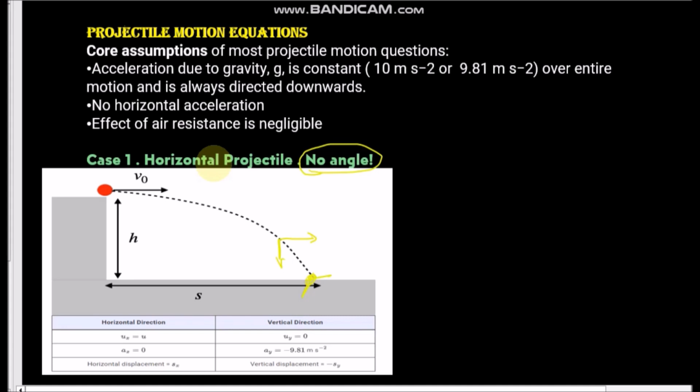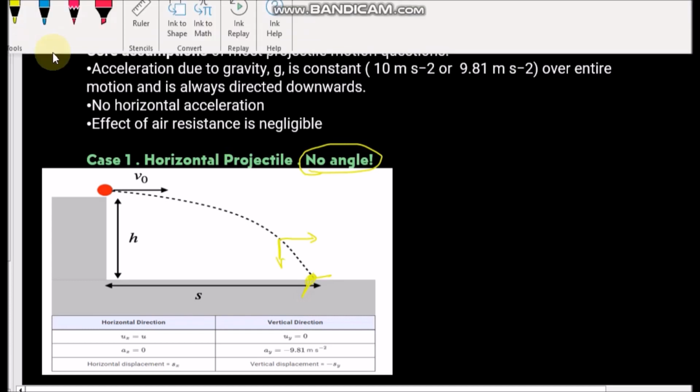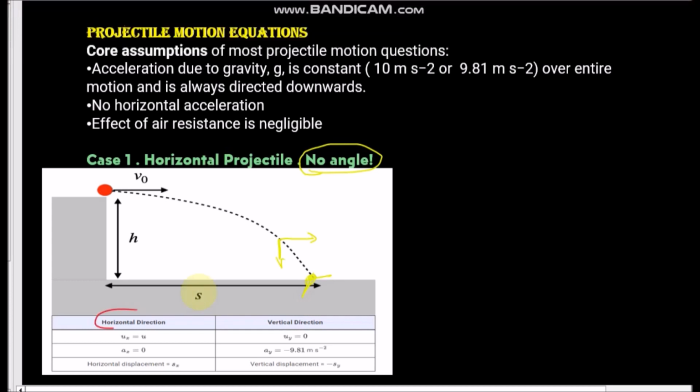Now here we have two cases, the horizontal case and the vertical case. For the horizontal direction, the initial velocity is always constant. This implies that the acceleration is 0.